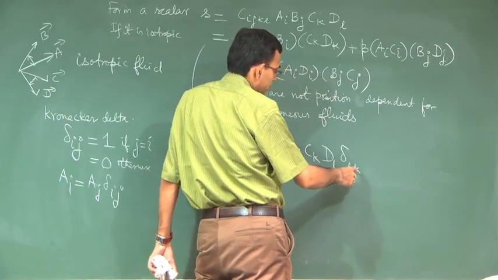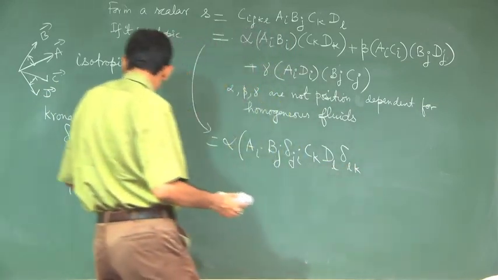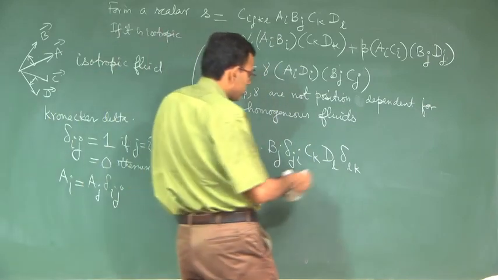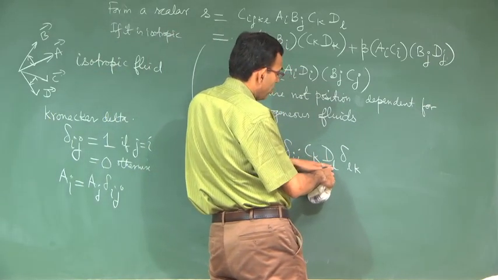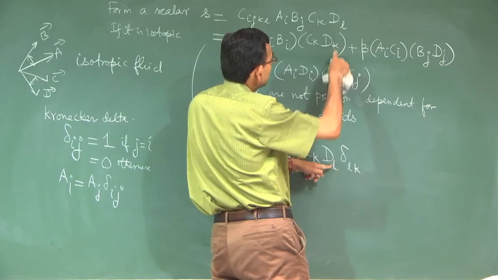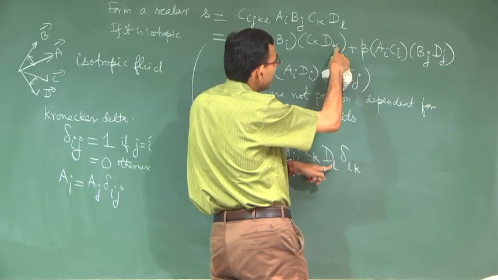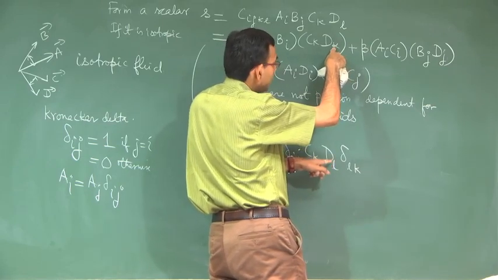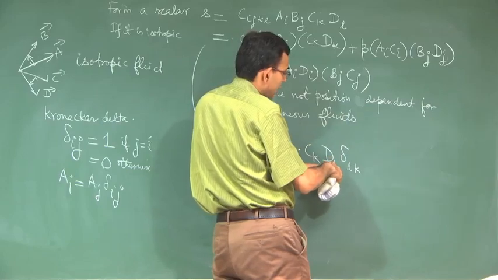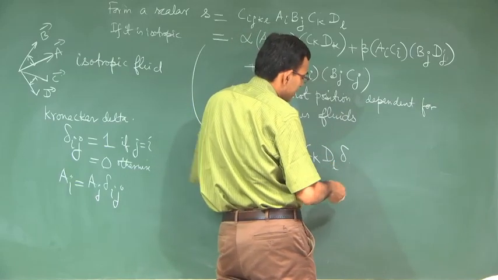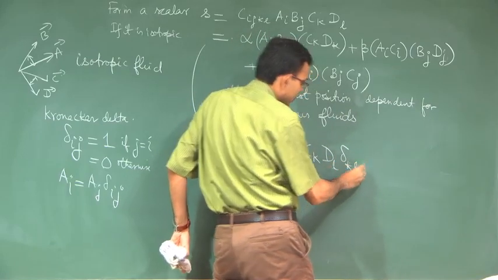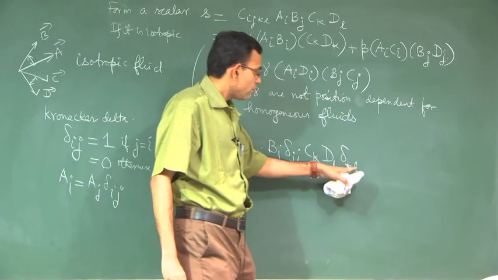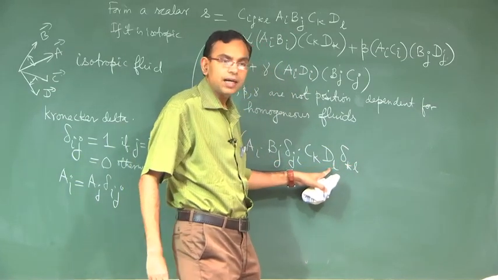Sorry, let me just correct this. You want to eventually have this as Dk. So if you write this as this, when l equals k, this will become Dk.